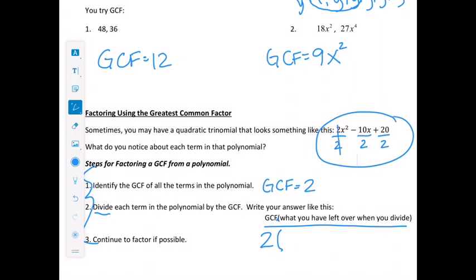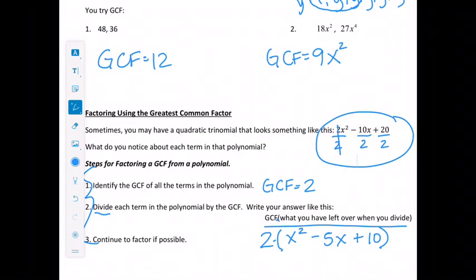But I don't really need to write the 1, so it's just x squared. Negative 10 divided by 2 gives me negative 5x. And plus 20 divided by 2 gives me plus 10. So notice, again, I have my greatest common factor, this 2 here, out in front, times, in parentheses, what I have left over when I divide.